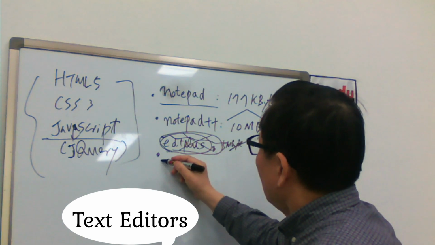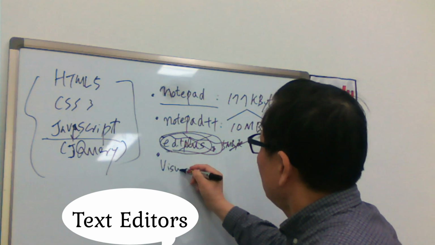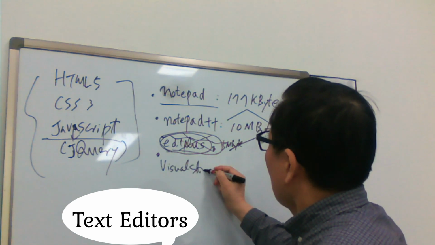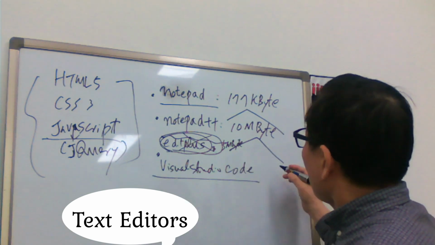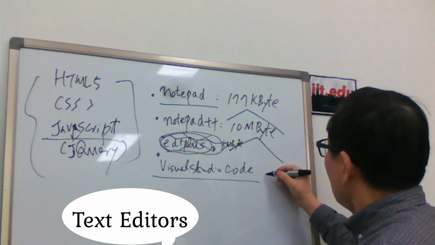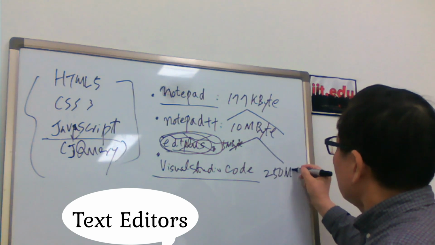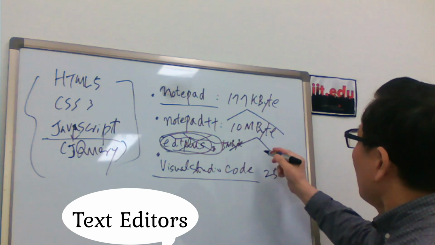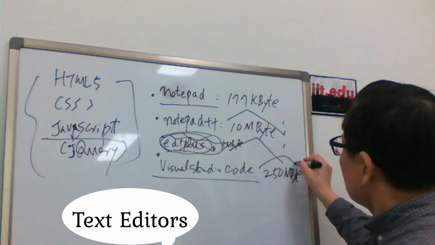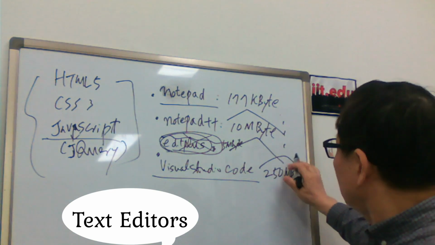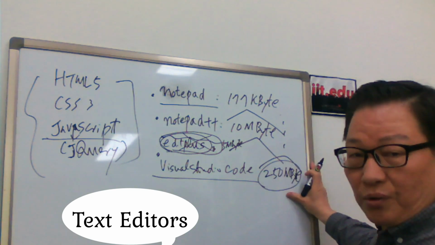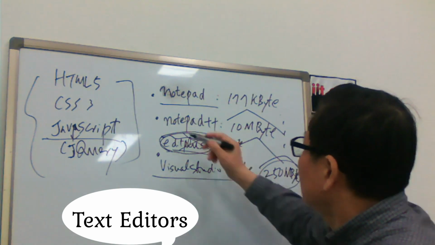And as I explained already, Visual Studio Code. The program size is around 250 MB. Much bigger than that. That means a much more capable, much more powerful editor.